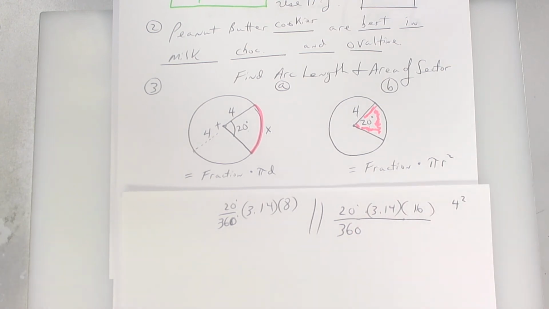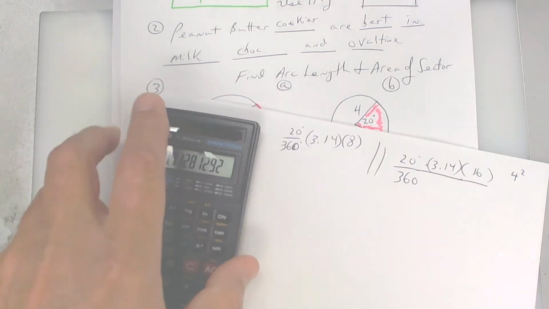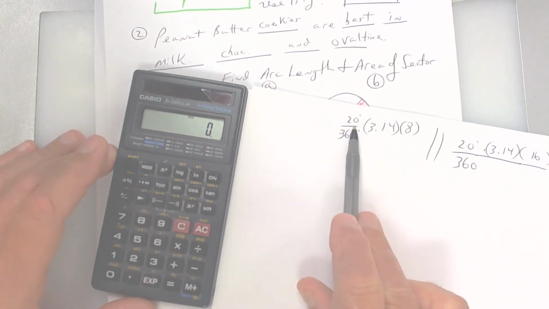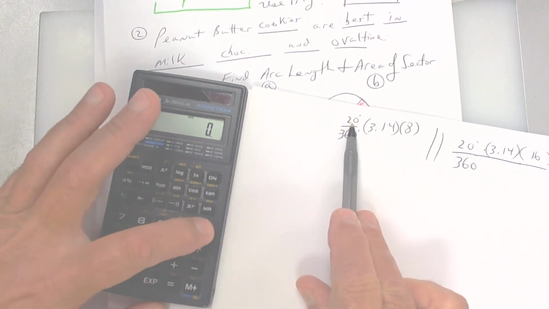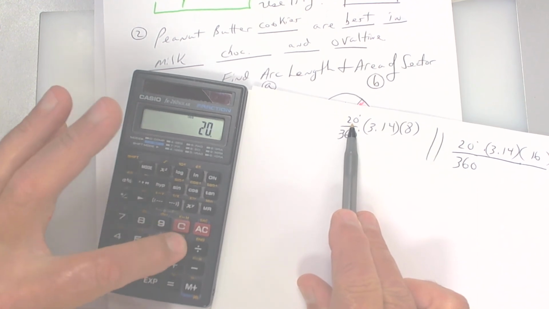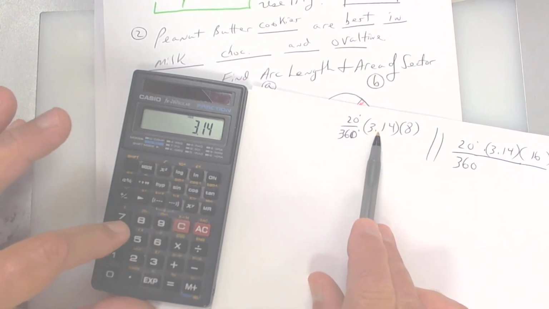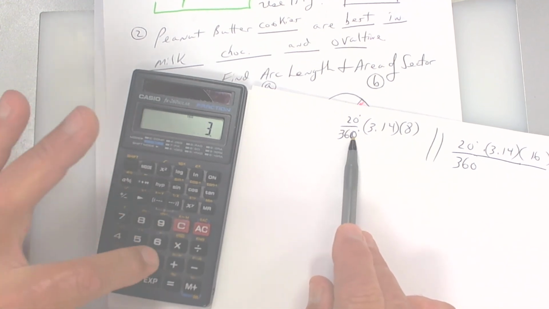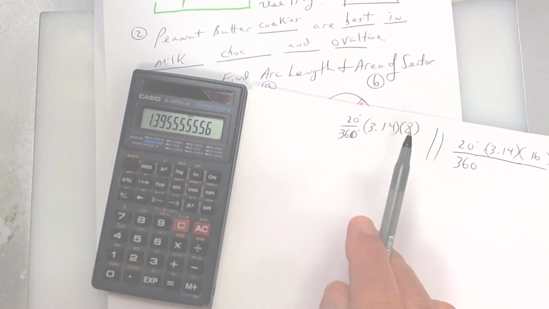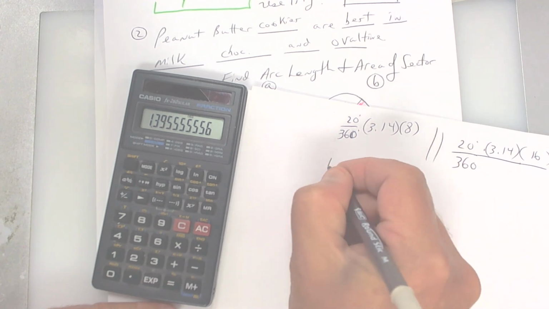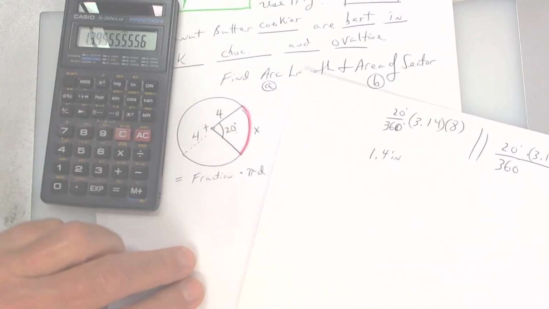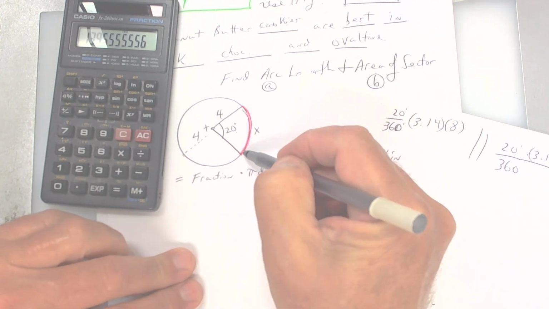All right, let's work both of these. Clear your calculator out. So you're going to work backwards. I would just start right here. So I would say 20 times 3.14 times 8, press equals, divide by 360. So your first one is going to be 1.4 inches long. So from here to here would be 1.4 inches.